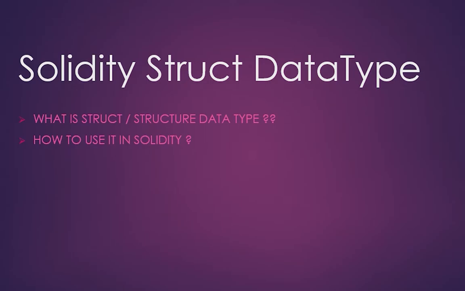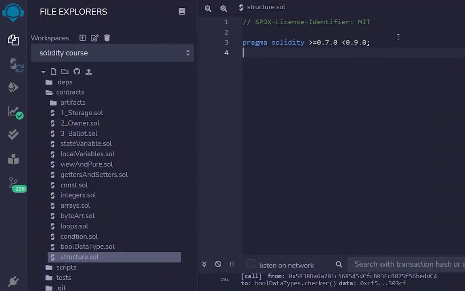Move to our Remix IDE. We have specified the identifier and the compiler version. The first thing you have to know about the struct data type is that we can initialize it both outside the contract and inside the contract. If we initialize it outside the contract, we are able to use it in all our smart contracts, like in one file we can have many contracts in place.